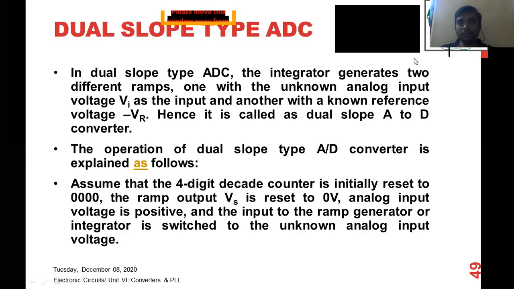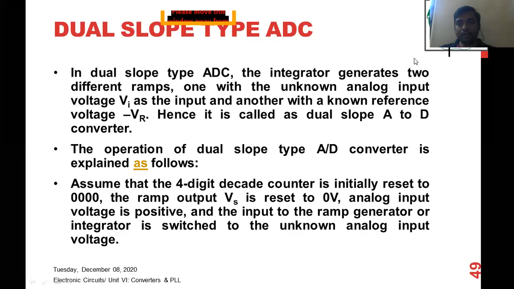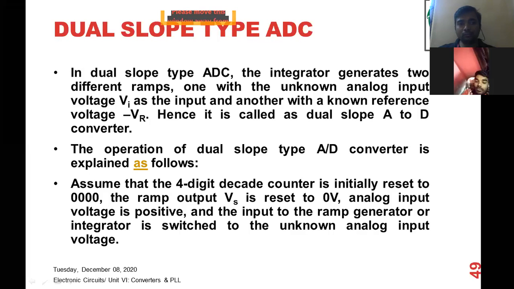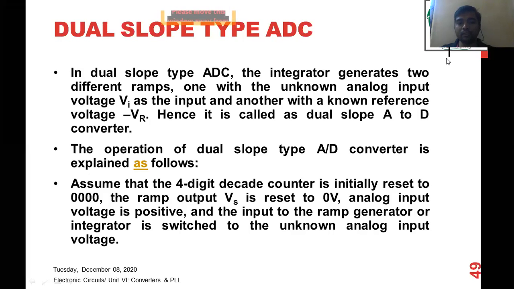That's why it is called the dual slope analog to digital converter, because it converts the analog signals into digital by comparing the two voltages, one the unknown input voltage, another the reference one. And for that purpose we have taken a 4-digit decade counter, and initially it is reset to 00.